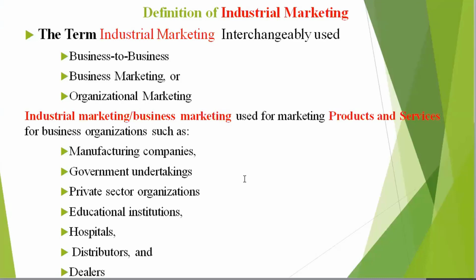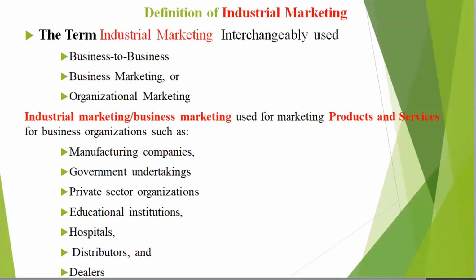In the business market, the product or the service is purchased for the sake of further process. In the consumer market, the ultimate reason why the consumer purchases is personal consumption.